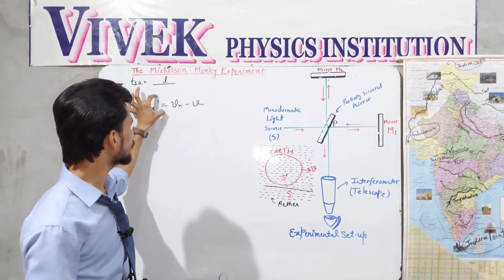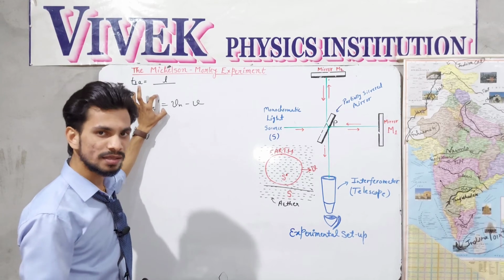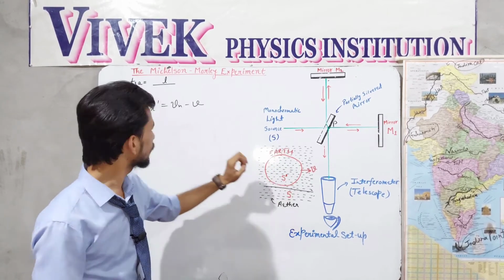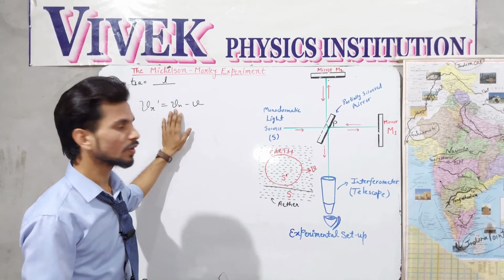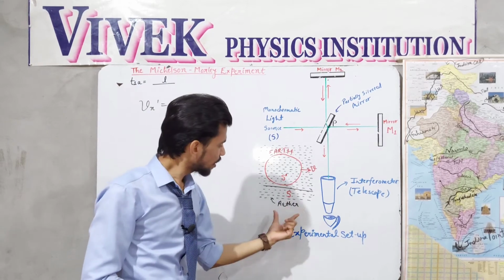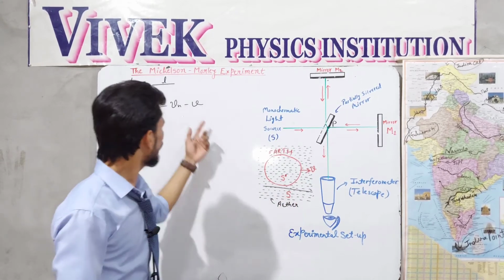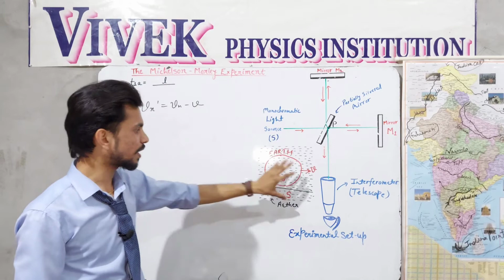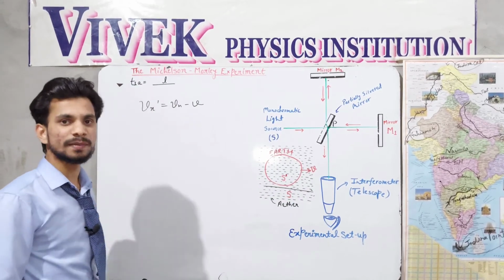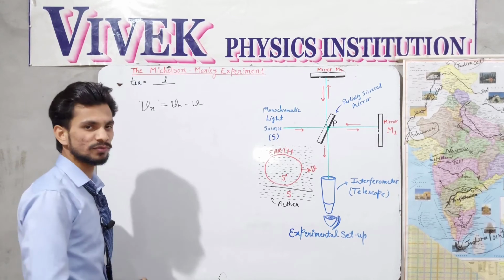So Vx dash, or Vx prime, is the component of the speed of light in the S dash frame, that is Earth, and Vx is the speed of the light in the ether frame, and V is the speed of Earth in the ether. Okay, so this is the Galilean transformation for the speed of light.